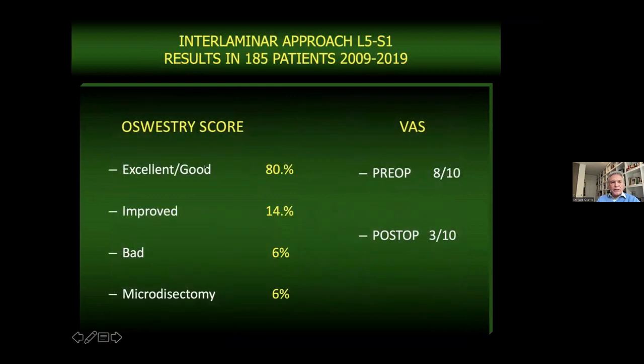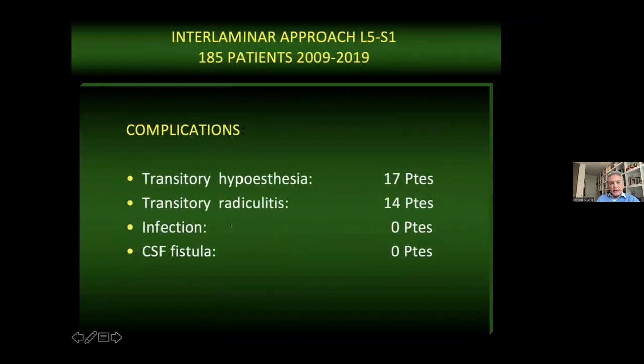The results in 185 patients in the Oswestry score: excellent and good, 80% of the patients, improved 14% of the patients, but in 6% of the patients we had to do microdiscectomy. In the VAS, the pre-op 8 out of 10 and post-op 3 out of 10. And the complications: transitory hypoesthesia in 17% of the patients, transitory radiculitis in 14% of the patients, no infection, no CSF fistula.